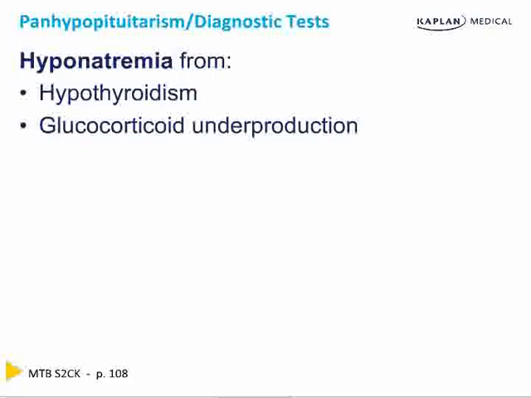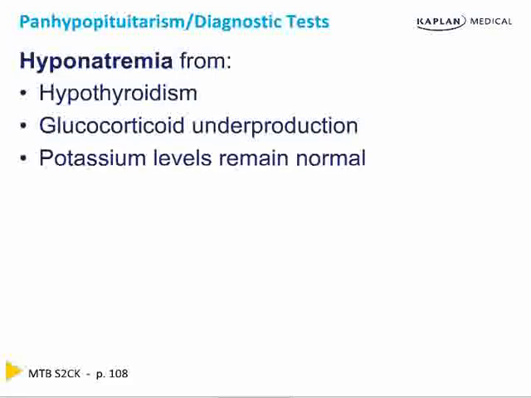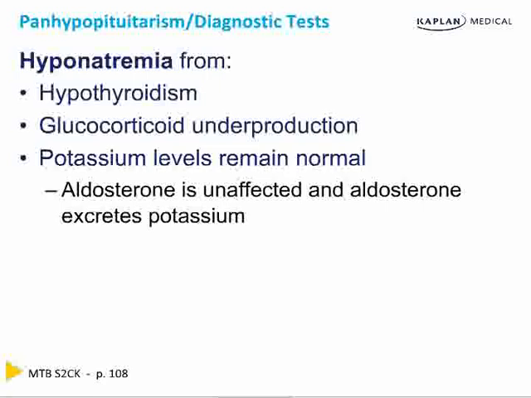There's glucocorticoid underproduction, and potassium levels tend to remain normal because aldosterone is unaffected, and it's aldosterone that excretes and maintains the potassium. So overall, you will notice a low thyroid and low glucocorticoids. Those are the 2 that must have mandatory replacement when your hypopituitarism occurs.